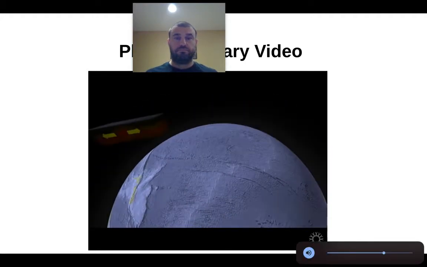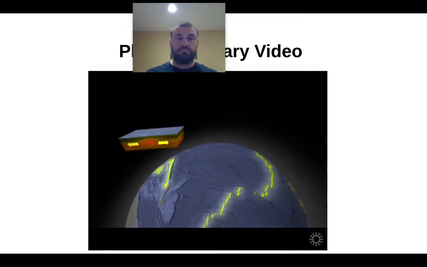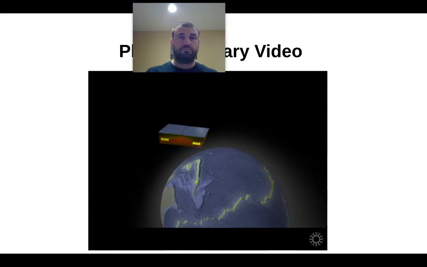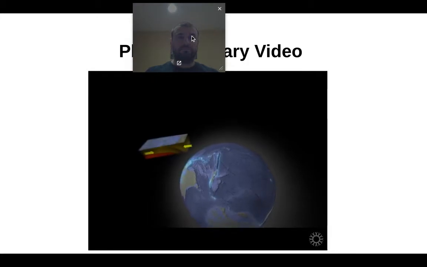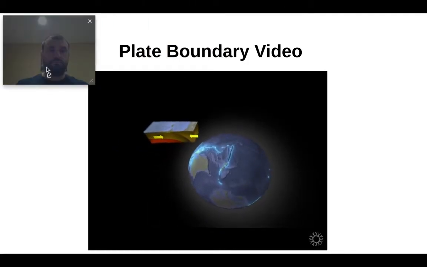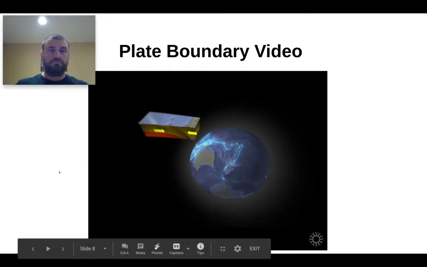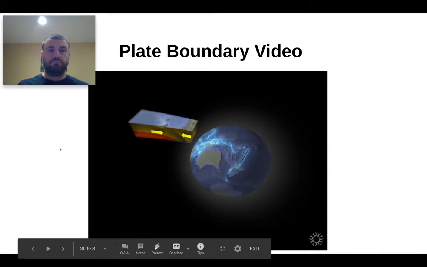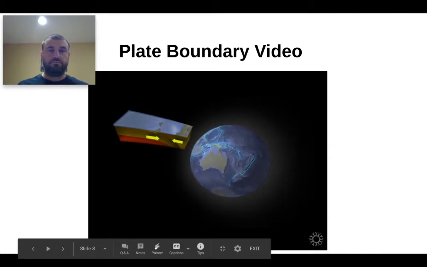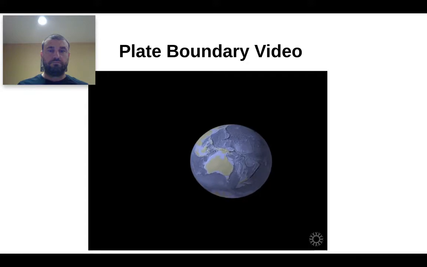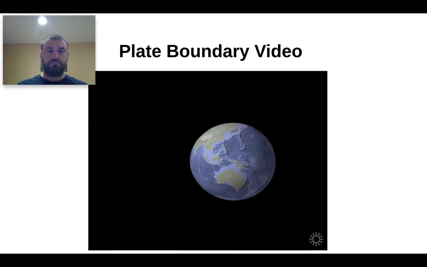In some regions, plates spread apart, creating new crust. At other locations, plates move toward one another in a slow motion collision that takes place over millions of years. Deep ocean trenches outline many of these zones as one plate sinks beneath another.